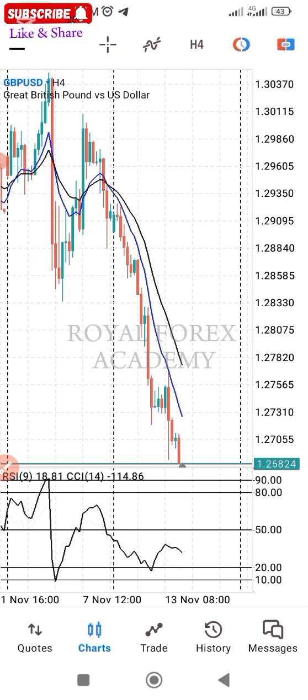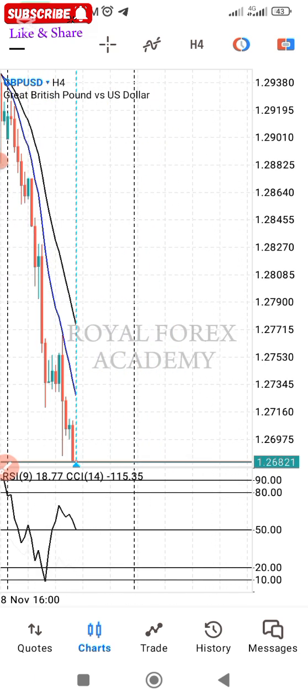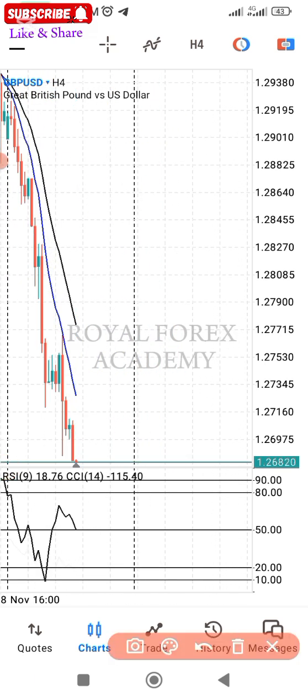So one of those signals that help us to follow up with this trend is a flag pattern. And in this video, we are looking at the two types of flag pattern, the bullish and the bearish flag pattern.